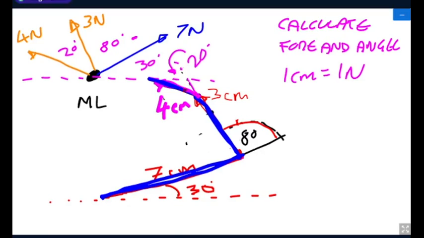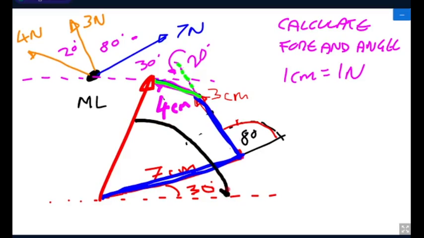You would draw 4. The angle in there would be 20. Then the final resultant force would be all of this. And the angle would go in there.